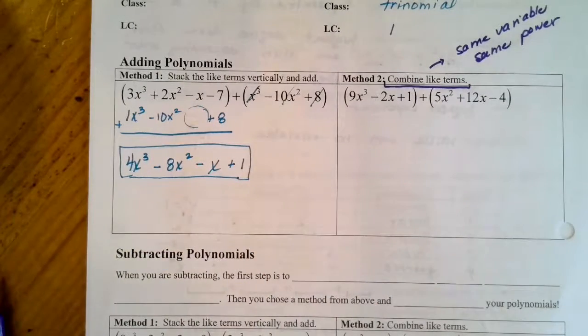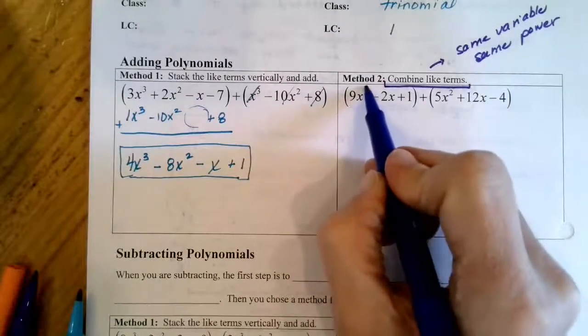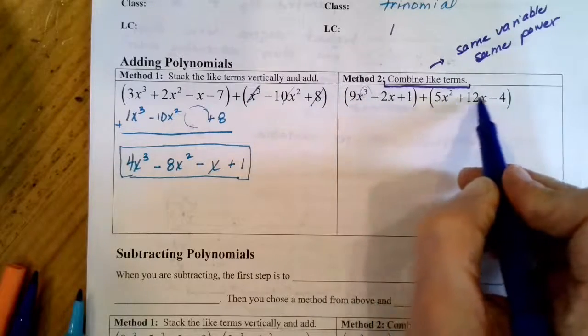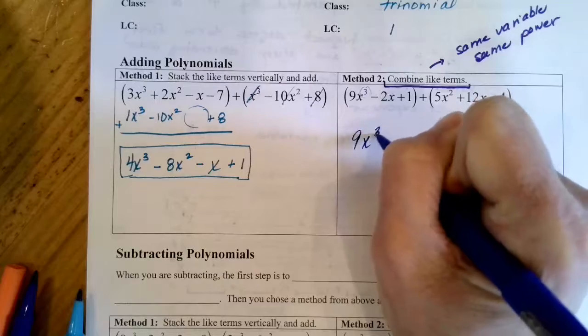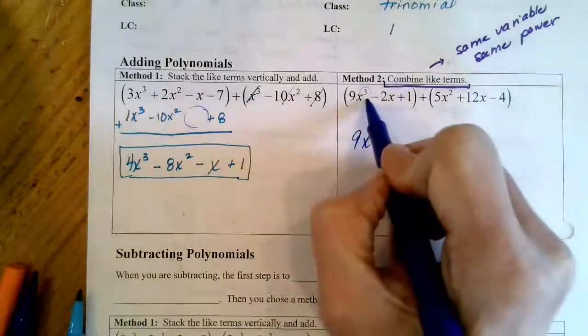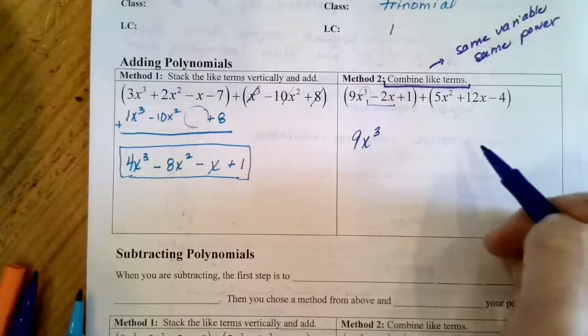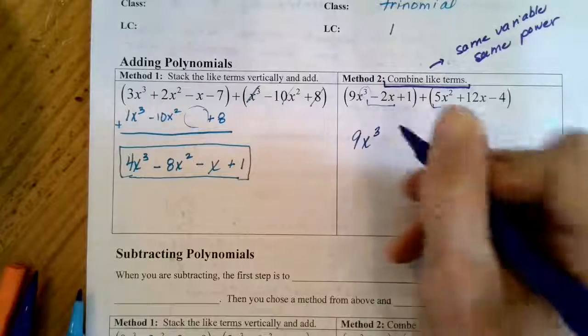All right, the second method is just to scan and look for like terms. So I see a cube here, and I don't see any other cubes, so I know that 9x cubed is my only cubed term. Here I have negative 2x, but here I have 5x squared.